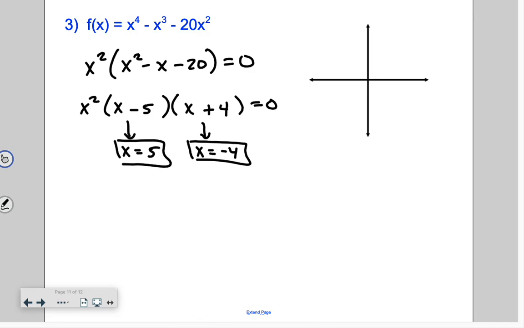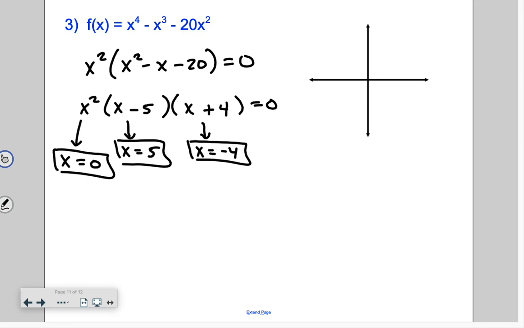There's a second zero. Here's something on the very first chapter P test that a lot of people forgot about when you were solving equations like this. Whatever you pull out, greatest common factor is still a zero. Okay? So it's not just those. This also gives you x equals 0. But what do we know about x equals 0? It's a double root, because it came from x squared.